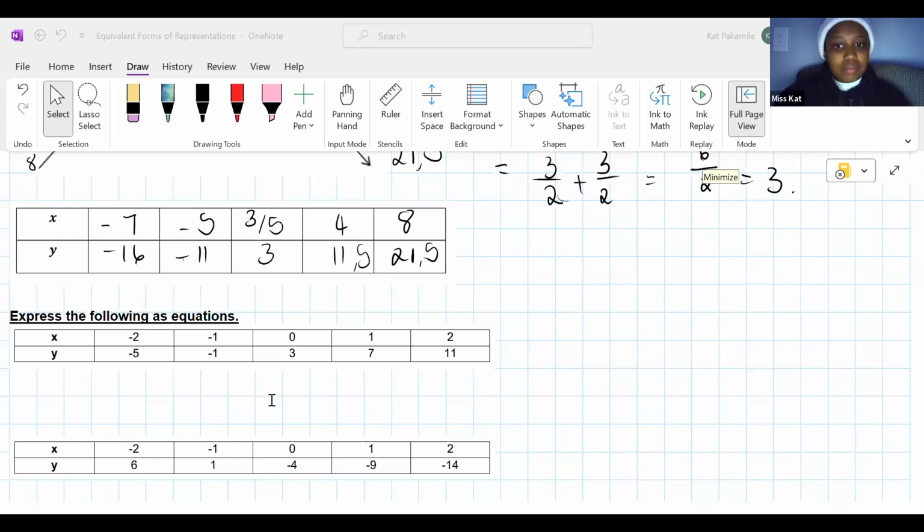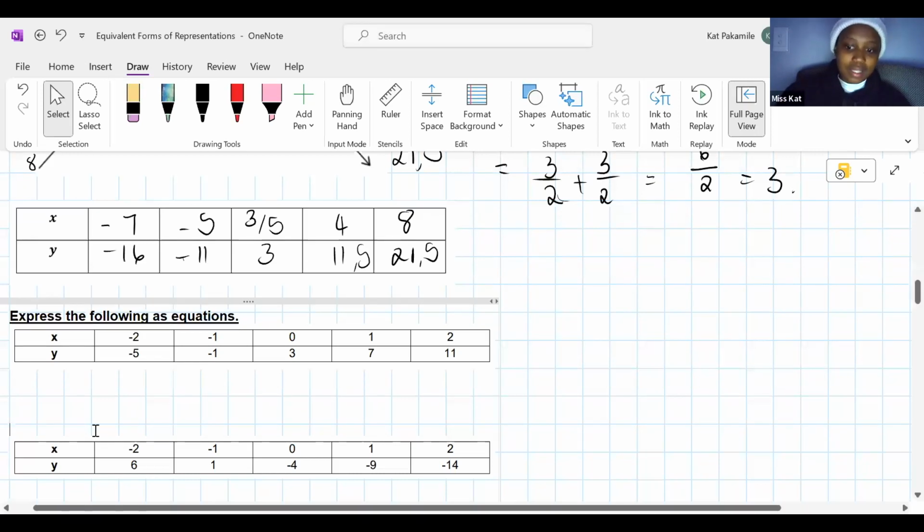Input times output. No, remember you have to times your input by something else to get to your output. So what would you times your input by to get to your output? Oh, we have forgotten our number patterns. Do we remember number patterns?